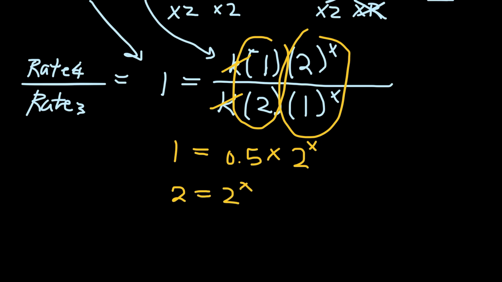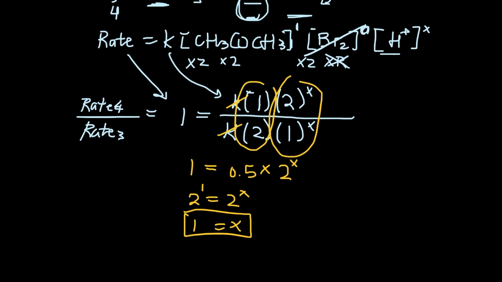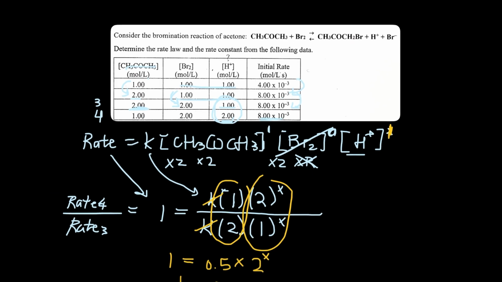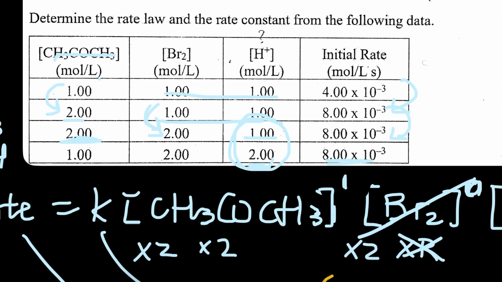So that shows us that x must be equal to 1. So this would be the reaction order for hydrogen. And luckily with this table we can check, actually. So this is a part where hydrogen ion doubles and everything else... Oh, actually, you couldn't check with this table either. So perfect, that's why we do these calculations.